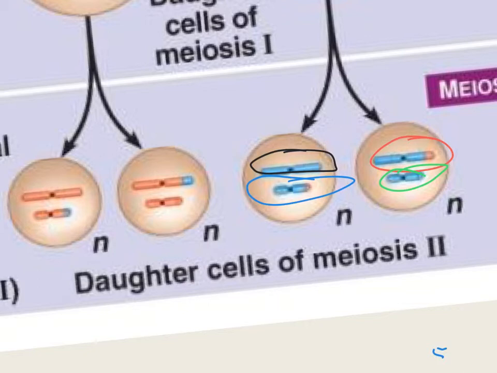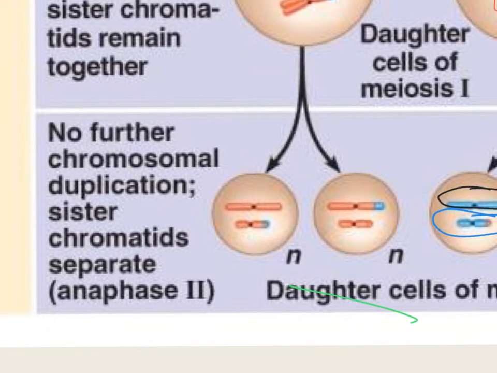Now, the same thing goes for the eggs with daughter cells. Now, the thing is, there's no further chromosome duplication. The sister chromatid separated anaphase 2, okay? And each of these are going to form an egg, except that with the females, actually, there's a bunch of polar bodies that are actually discarded.